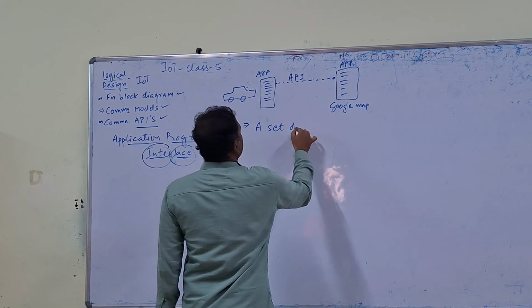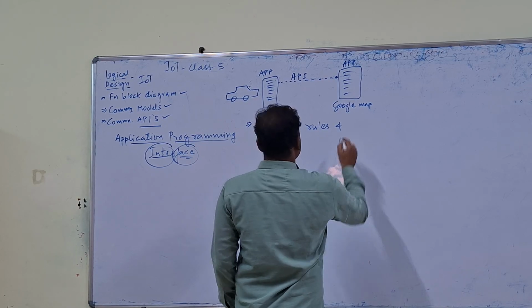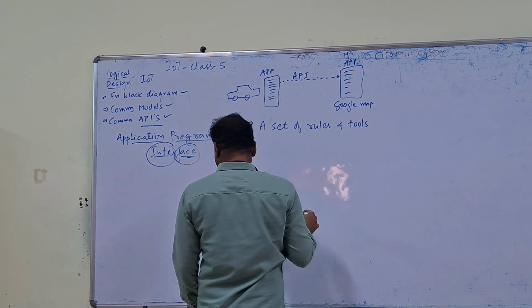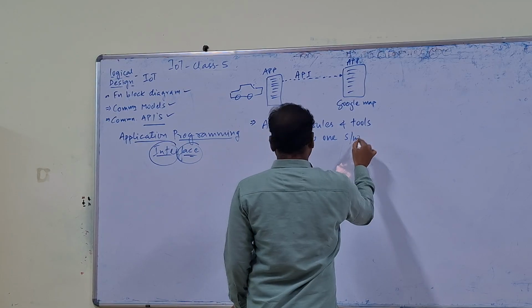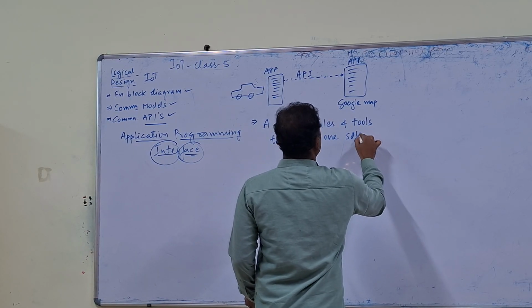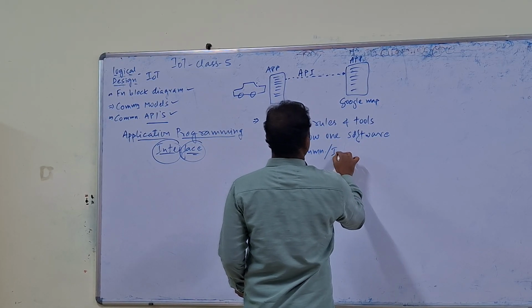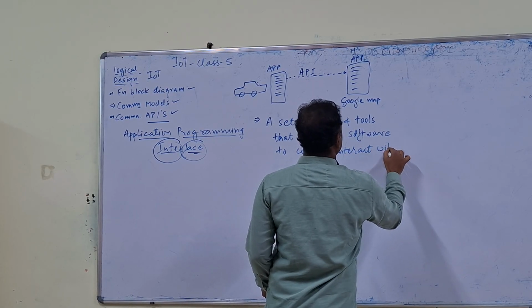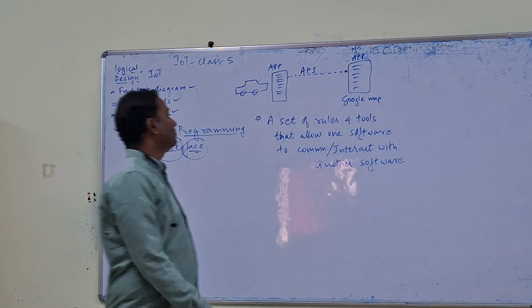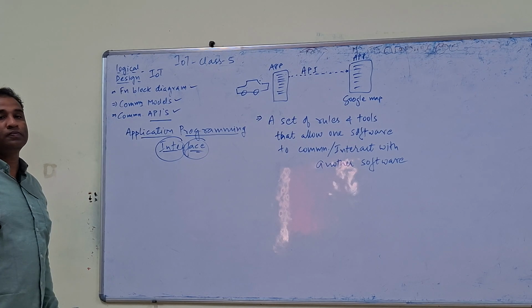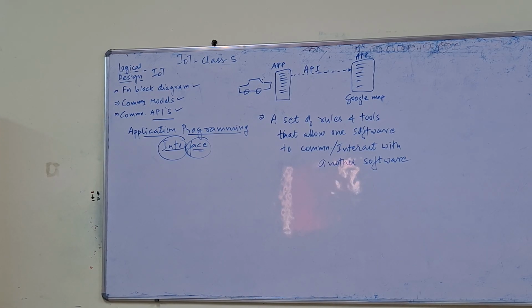It means that an API is a set of rules and tools that allow one software to communicate or interact with another software.